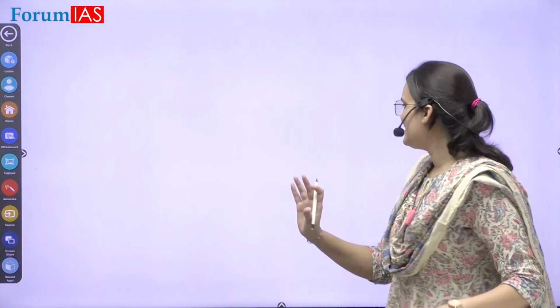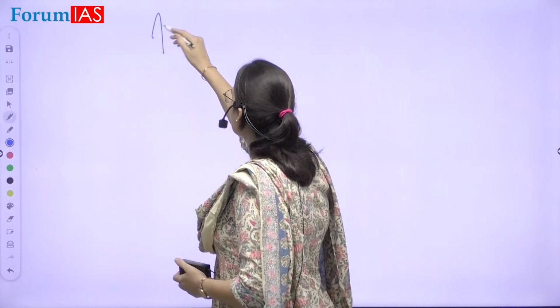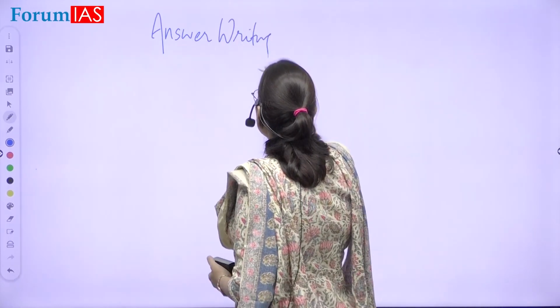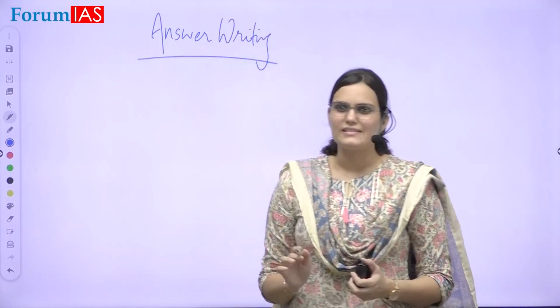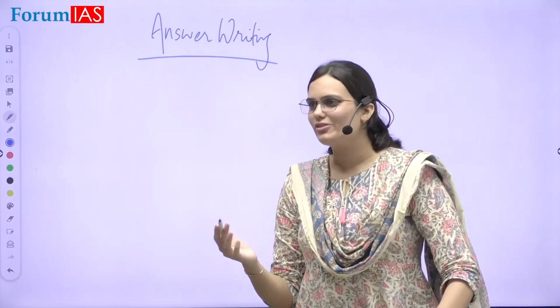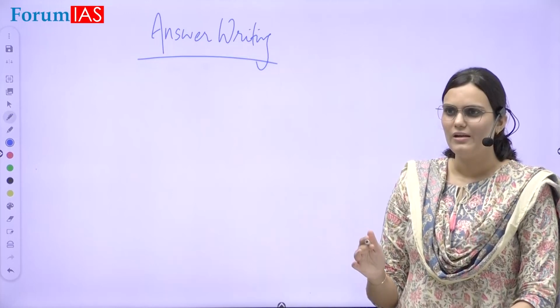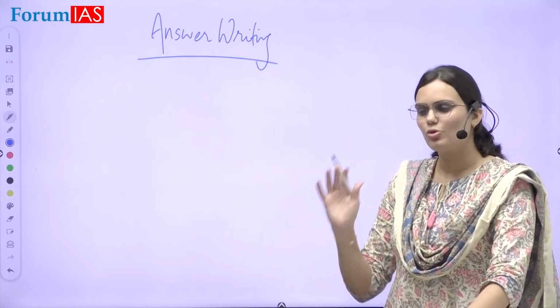Okay, so let's begin with the constituents of answer writing, because when I talk about ATS, my target in the test series is always to make sure that the content enrichment and framework of the answers improve, because everybody has content, there's an overload of content.